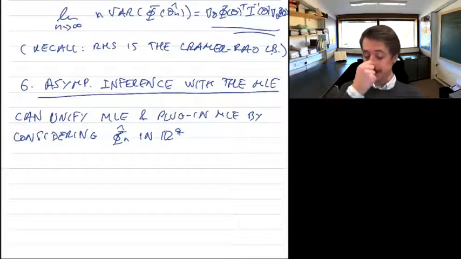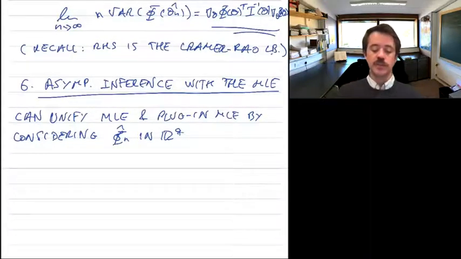So that's what I mean here. I just mean that you can unify the two estimators by simply writing this, to express any of them.